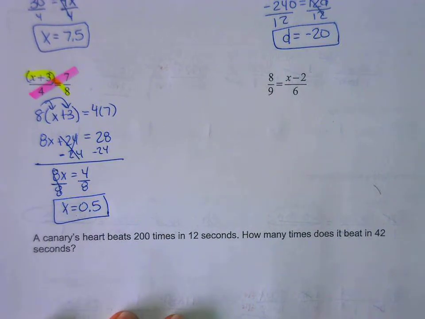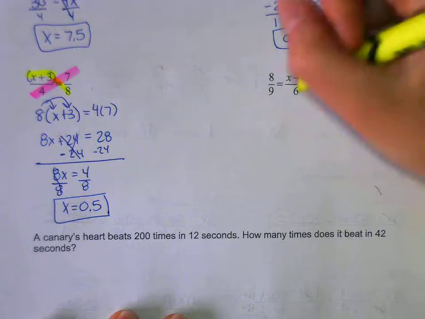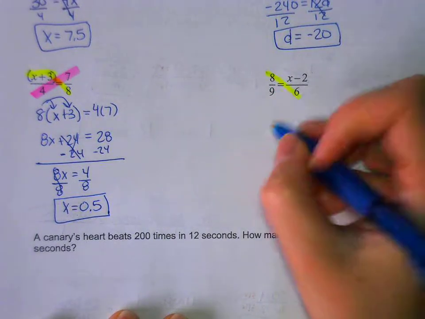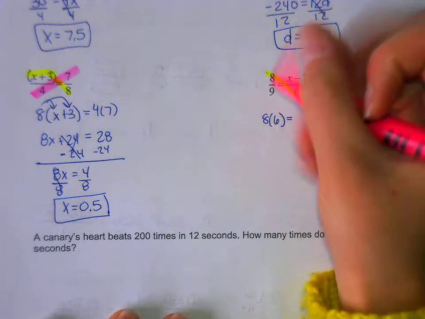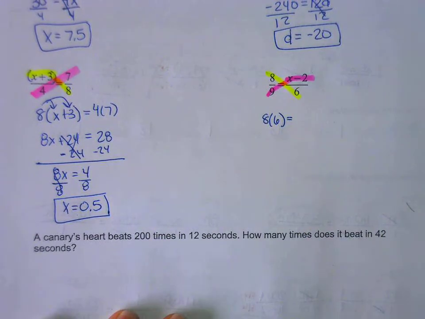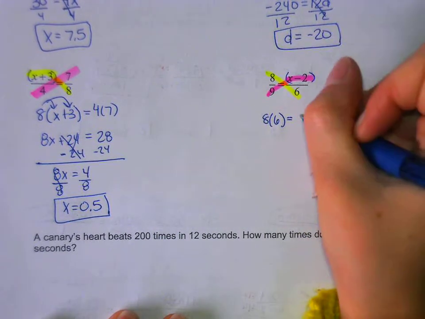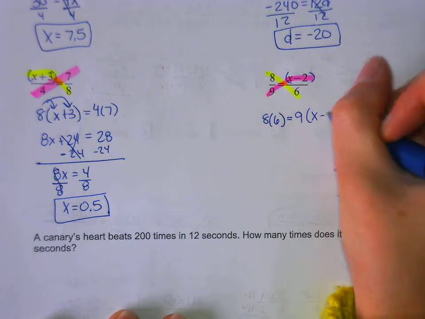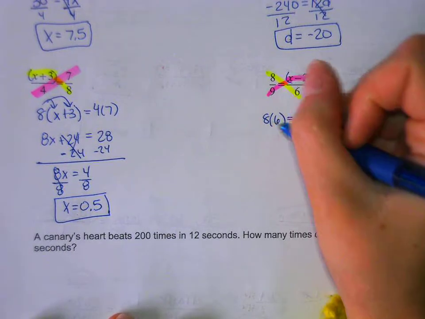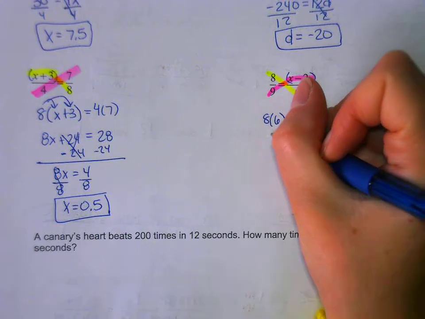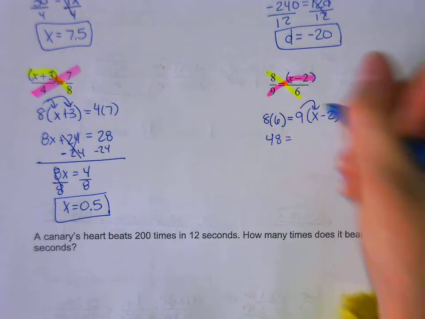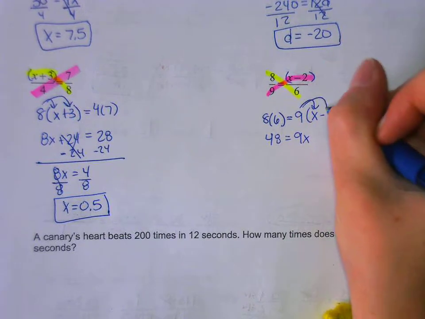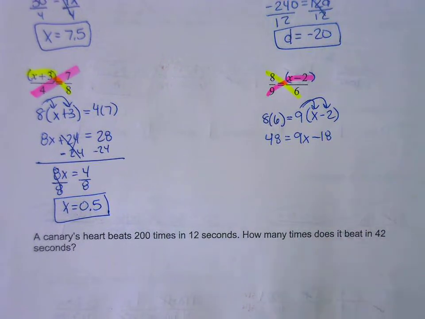So next I'm going to cross multiply again. So I have 8 times 6 equals, now I'm doing 9 times the quantity of x minus 2. So x minus 2 is a grouping. So 9 times x minus 2. 8 times 6 is 48. 9 times x is 9x. 9 times negative 2 is negative 18.